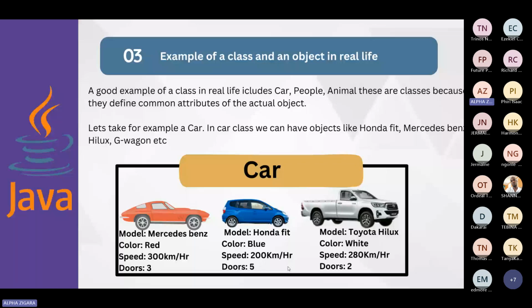So these are the objects. They share the same attributes. The attributes here are model, color, speed, and doors. These are the attributes that we were talking of earlier. We define these attributes inside a class.